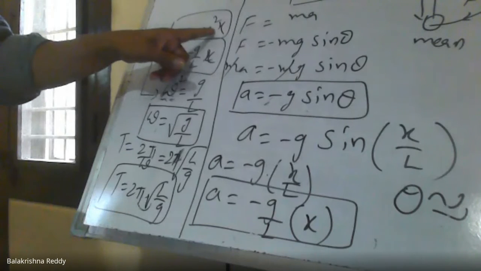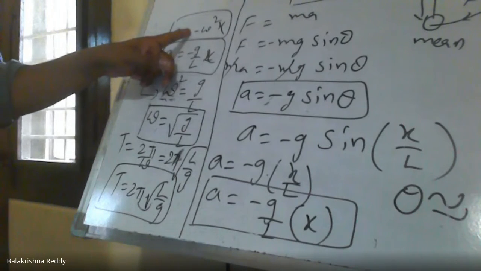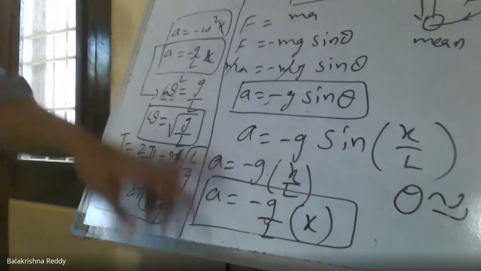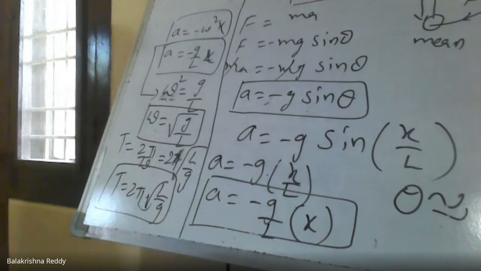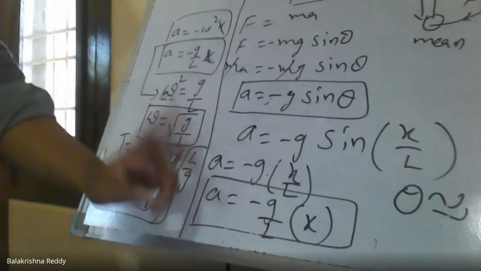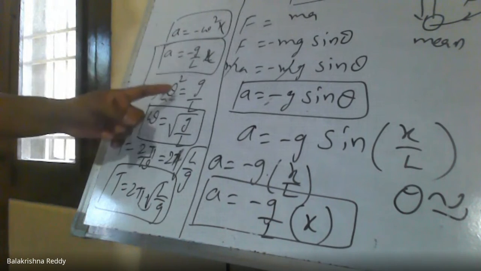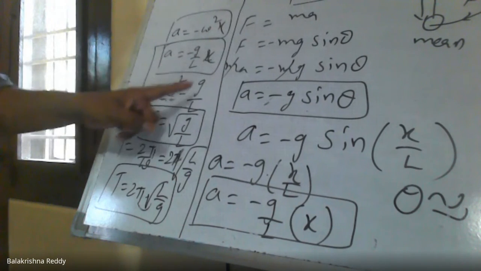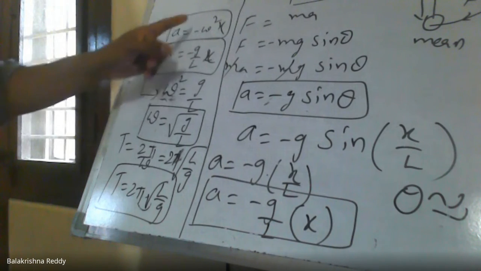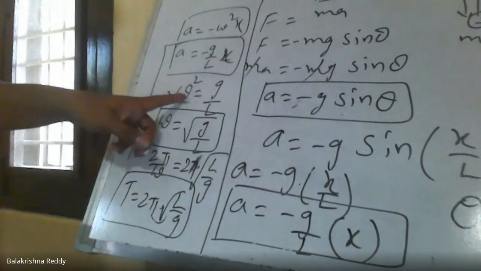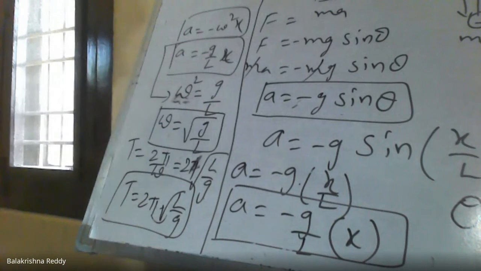See, a equal to minus omega square x, we know this is the first simple harmonic motion condition. And a equal to minus g by L into x, that we extracted from this derivation. When you compare these two, omega square equal to g by L, so omega equal to under root of g by L. Therefore, what is our aim?